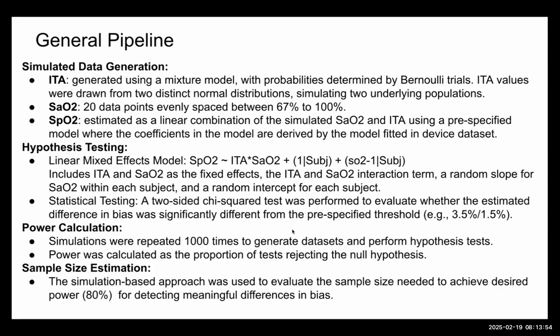So we generated simulated data on these variables and performed hypothesis testing 1,000 times to see whether the estimated difference in bias within a specified ITA range was significantly different from the acceptance threshold. And we estimated the sample size so that 80% of the time, we can reject the null hypothesis.